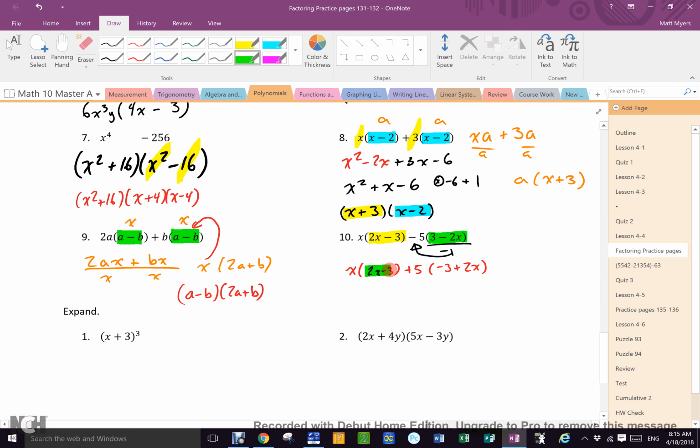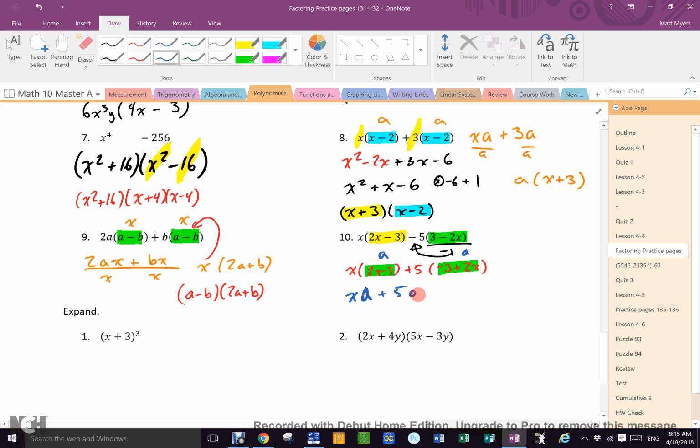Now, are they the same? Yes. Once they are the same, we can use our trick to substitute a different letter for it. Correct? So what I have there is x times a, if I'm going to use a, plus 5 times a.